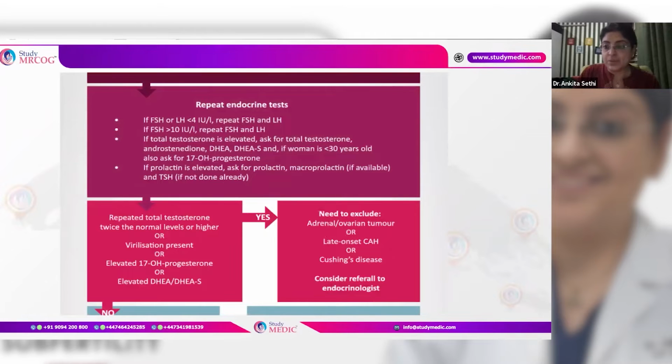If prolactin is elevated, ask for prolactin and macroprolactin and TSH. If repeated total testosterone is twice the normal level or higher, or virilization is present, or 17-OHP is elevated, or DHEA or DHEAS is elevated, then you need to exclude adrenal or ovarian tumors or late onset congenital adrenal hyperplasia or Cushing's disease. At this point, consider referral to an endocrinologist.